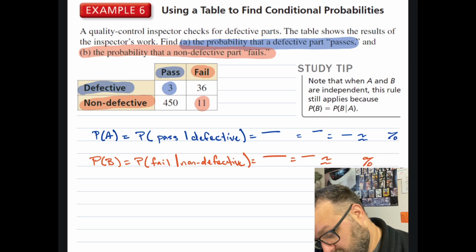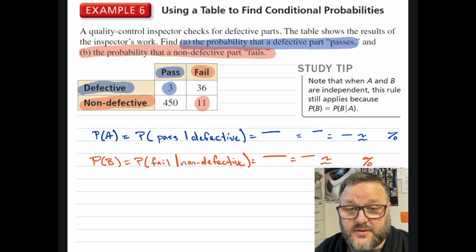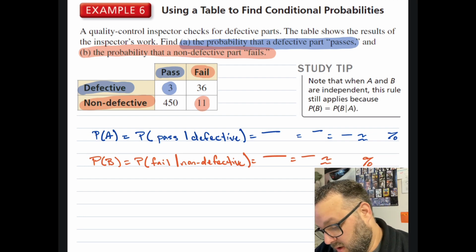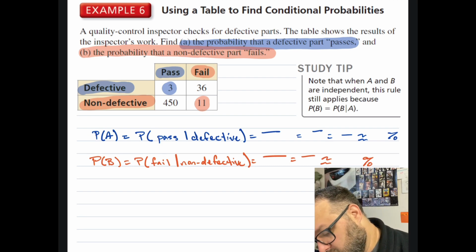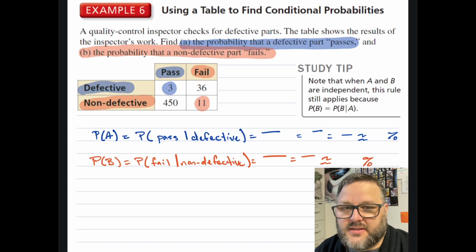All right, so with all this, we're going to find the probability that a defective part passes our tests. So a defective part passes 3 times but fails 36 times. Now, again, that doesn't mean the test itself. What it means is it passed through inspection and got shipped.